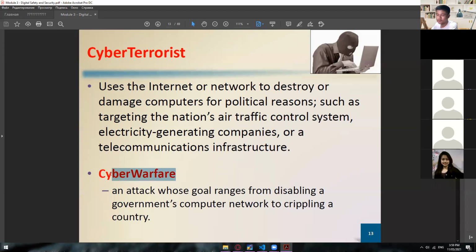One good example of this is maybe the USA and Russia. In Russia, they have a lot of crackers. In the USA, they also have a lot of crackers. I don't know, but those two countries are actually mortal enemies. So they hire a lot of hackers to bring down, let's say, the website of a specific government, or they want to bring down a certain telecommunication.